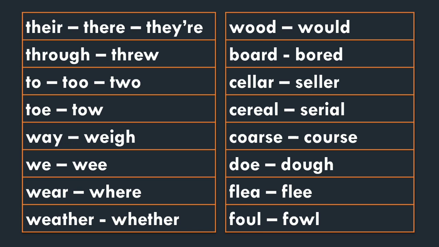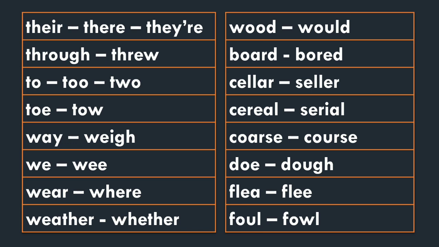Next is cellar and seller. Cellar means an underground room for storage, and seller is a noun from the verb sell. Seller is a person who sells something.